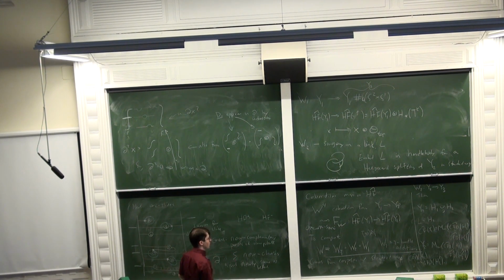There is currently not a bordered theory for HF plus and HF minus. Maybe that will change, but currently there's not a bordered theory for HF plus and HF minus. I don't particularly recommend that as a problem to work on, but that's the state of affairs.